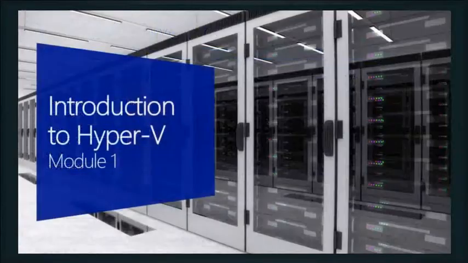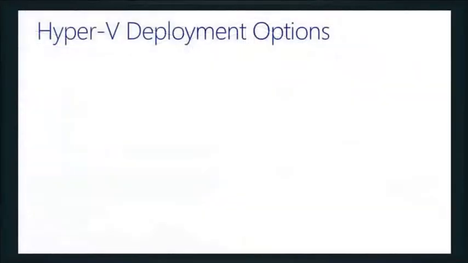So as we jump into the beginning, the Hyper-V module, there are a couple of ways we do deployments, and I want to talk about that first. There's a lot of people that think it's Windows installed first and then Hyper-V is installed, and actually what happens when you install Hyper-V, and there's a couple of different ways to do that, but there's a free version of Hyper-V Server, and there's also a Server 2012 download where you turn on the role of Hyper-V.